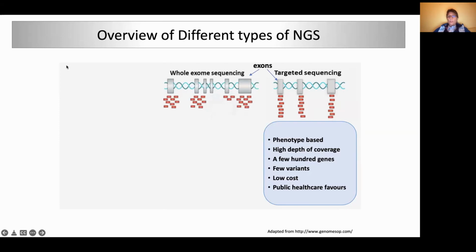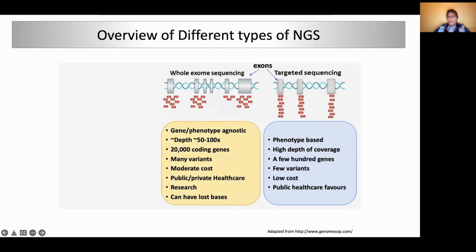Whole exome sequencing very quickly took over from targeted sequencing wherever it was affordable, essentially because it's an off-the-shelf solution. So you're still capturing all the individual exons, but you don't need to worry about what the gene is or what the phenotype is at the beginning of the experiment. You need to at the end. You get good depth of coverage, about 50 to 100 times, and you're sequencing all 20,000 coding genes.